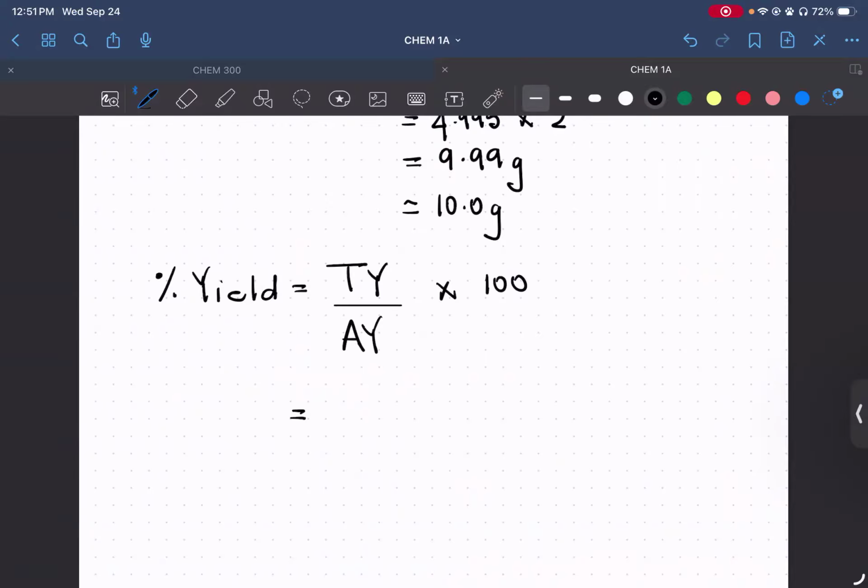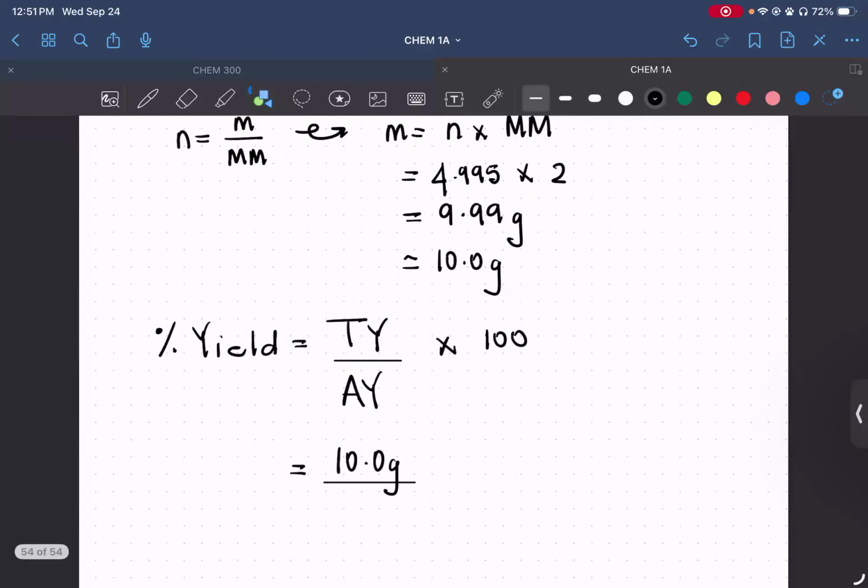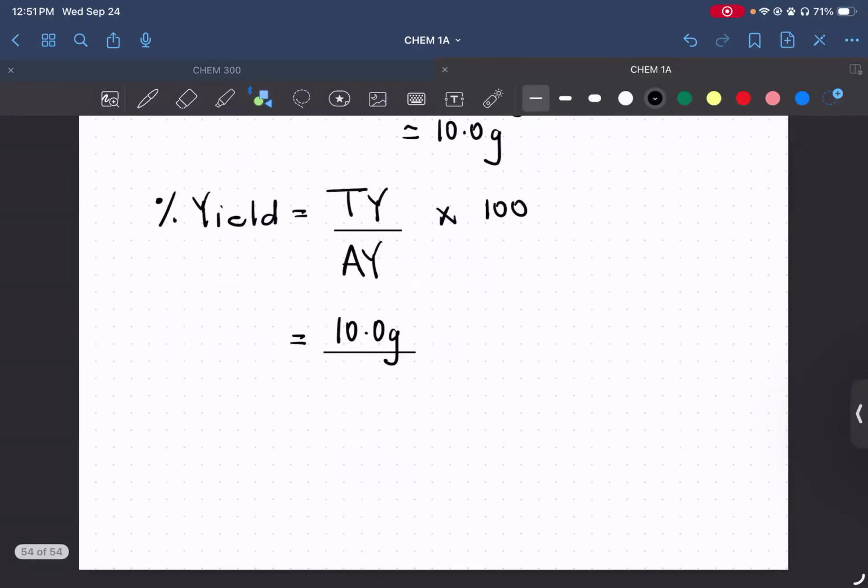We know that the theoretical yield is 10 grams. That's what we just calculated. And we know from the question that the actual yield is 0.25 moles.